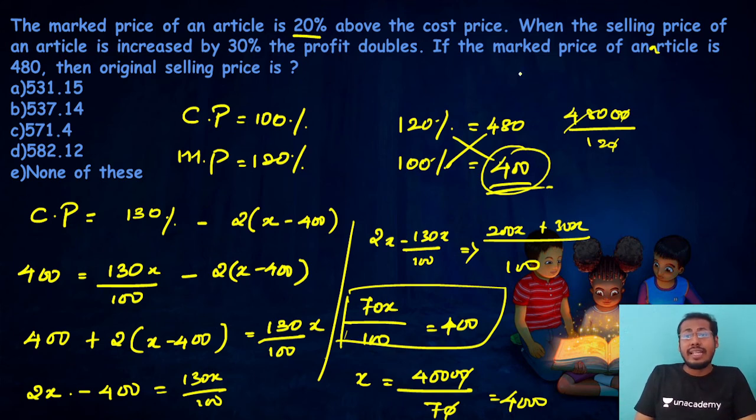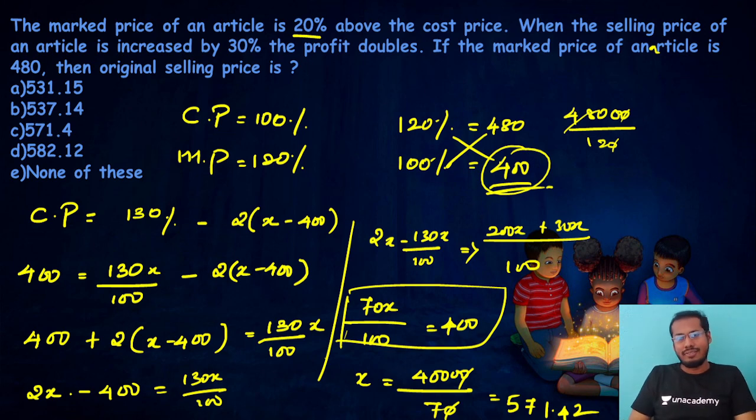What is the question? If the market price of an article is 480, then the original selling price. I want the original selling price. Okay, if you want the original selling price, you got the profit, so original selling price is 4000 divided by 7, which is 571.42.